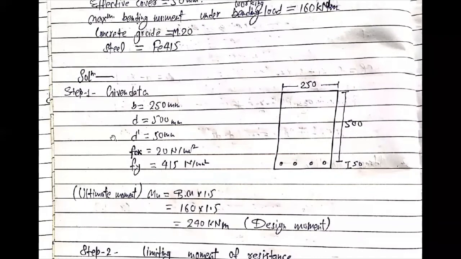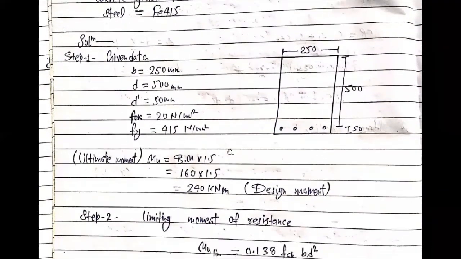Solution, given data: small b is 250 mm, small d, that is effective depth, is 500 mm, d dash, that is cover, is 50 mm, fck 20 and fy 415.